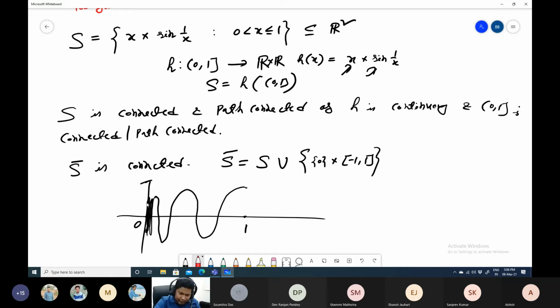Now if you take any point here and take a small neighborhood, then that small neighborhood should contain some point of that curve. So therefore these are limit points of S. So therefore S closure equals S union this. Is it clear why each point of this vertical line is a limit point of S? Yes.